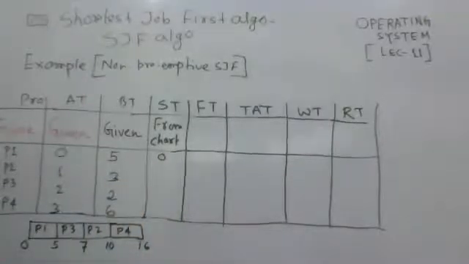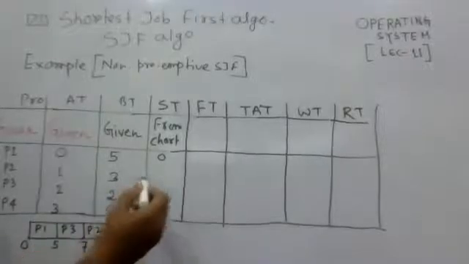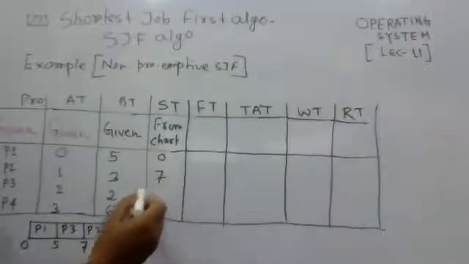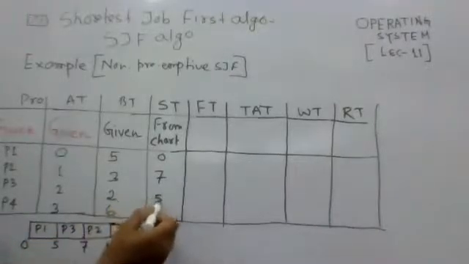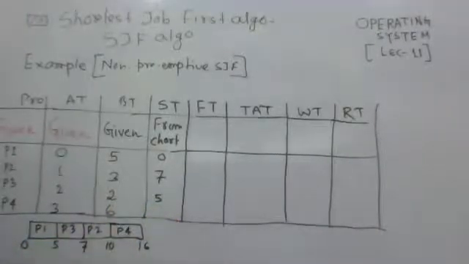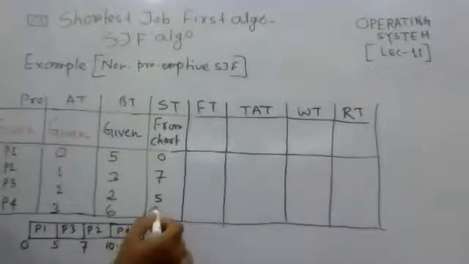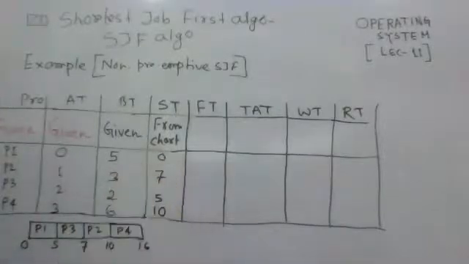Now the starting time of P2 is 7. For P3 it is 5, and for P4 it is 10. So these are the starting times for P1, P2, P3 and P4.